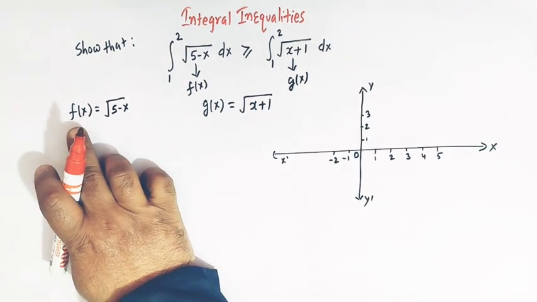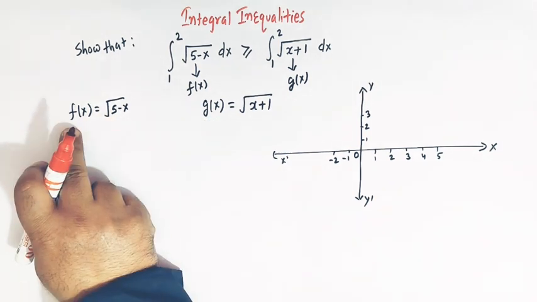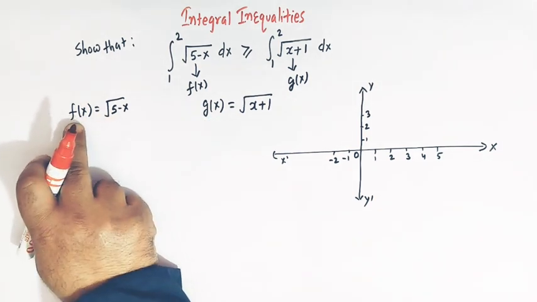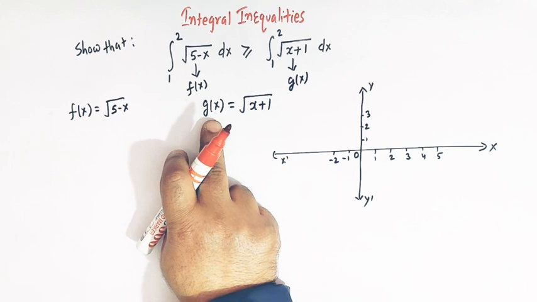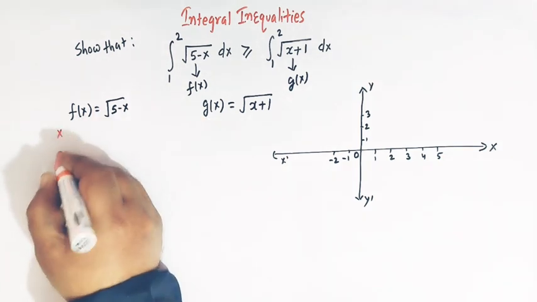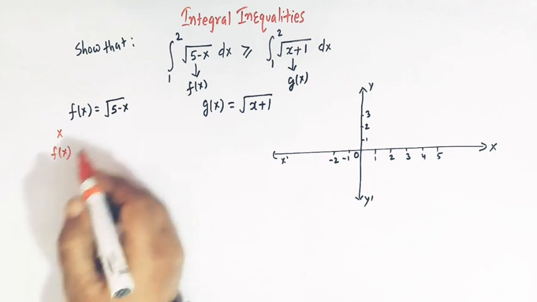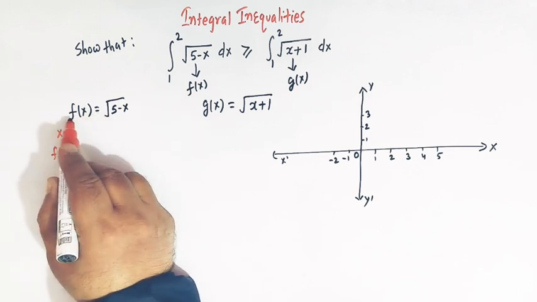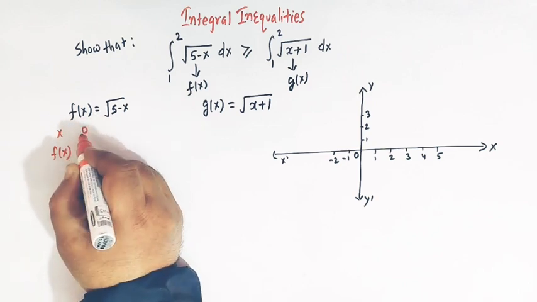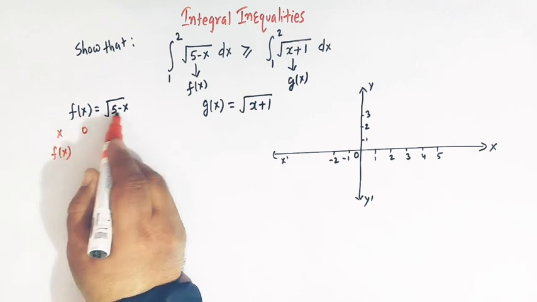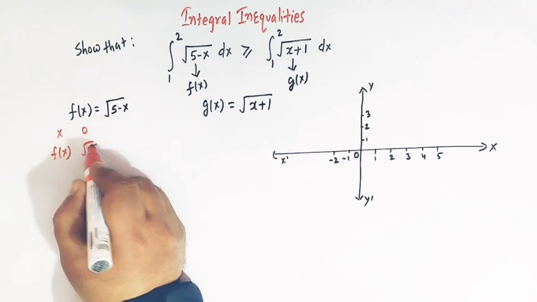To graph both the functions, let us take some particular values of x in f of x and g of x. Let us take x and the corresponding value of f of x. Take 0: f of 0 is square root of 5.